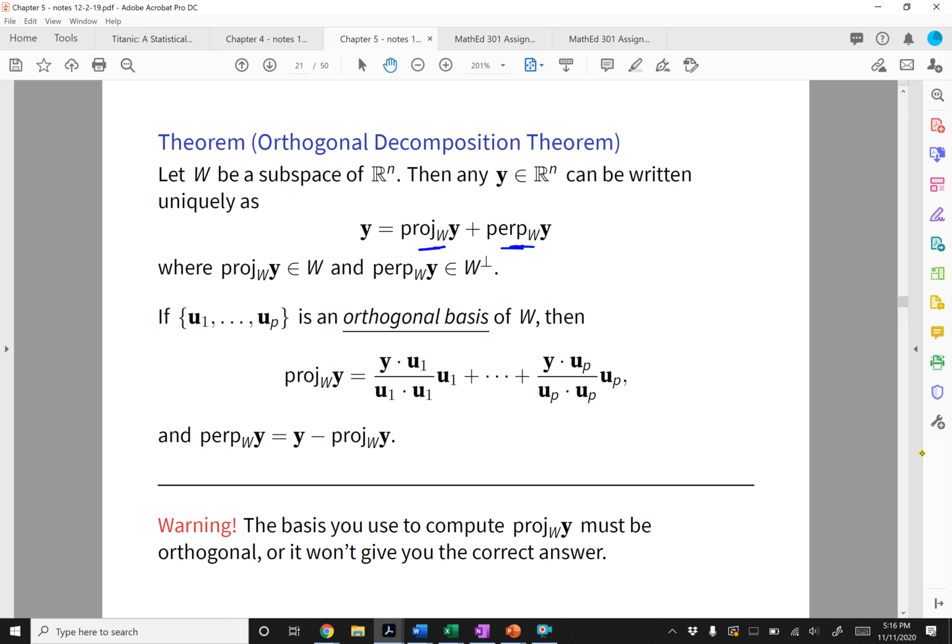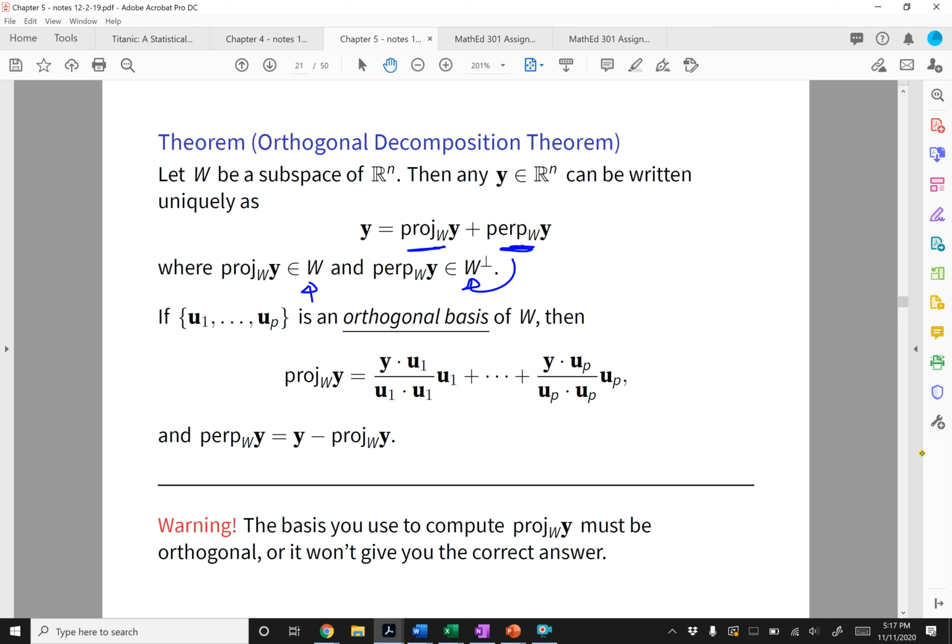The projection will go into the subspace. The perpendicular is the piece that comes out that's perpendicular to the subspace. We can simplify that by saying the perpendicular part of y is in the orthogonal complement. The projection is in the subspace. That's what I was trying to say before.